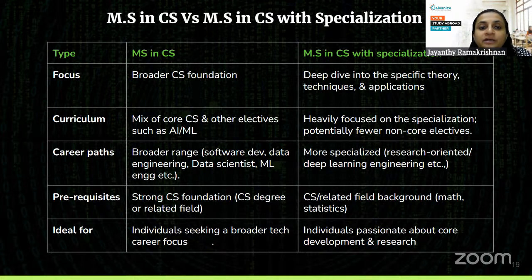In the CS degree, your curriculum will include core CS concepts as well as electives. So in a pure computer science degree, you will learn about all the possible electives based on your interest. Of course, you can't learn about all of them, because then you'll be doing your master's degree for a very long time.